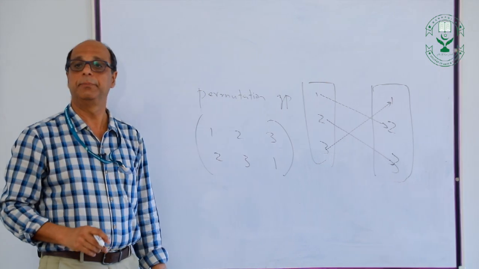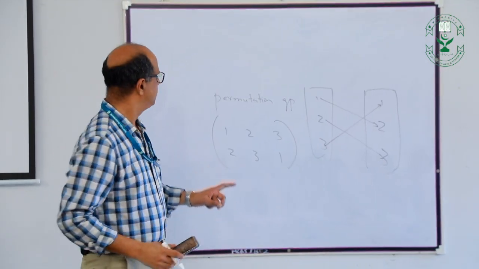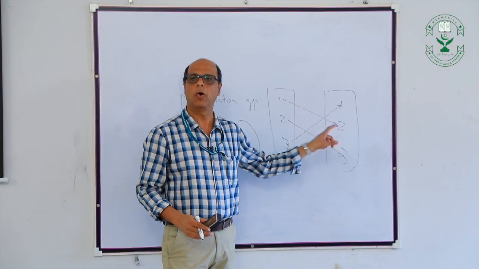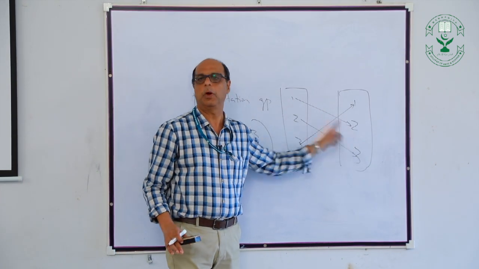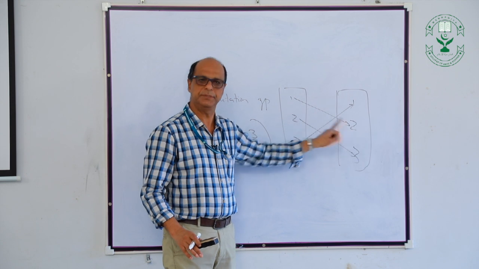This is called a permutation. Basically the domain and the codomain have the same elements in different positions. You see that 1 maps to 2, not 1 maps to 1 itself.